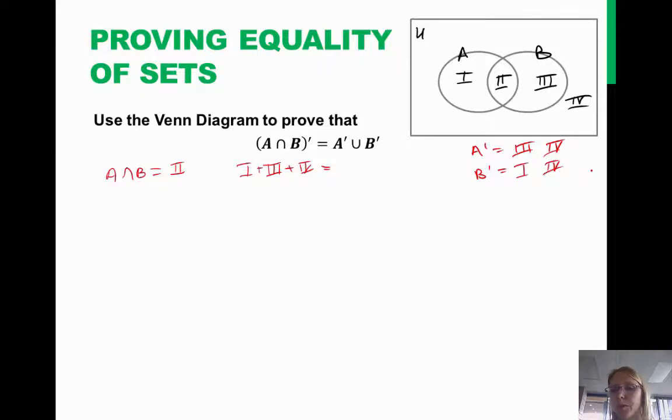So if I were to put those two things together, because it's a union, it really is 1 plus 3 plus 4. And as you can see, the left side equals the right side. So the complement of A intersect B does indeed equal the complement of A union with the complement of B.